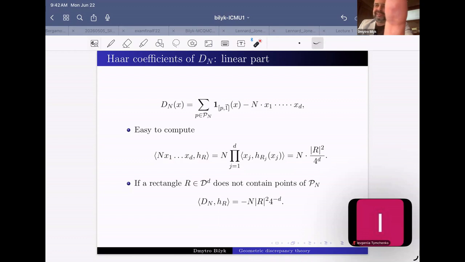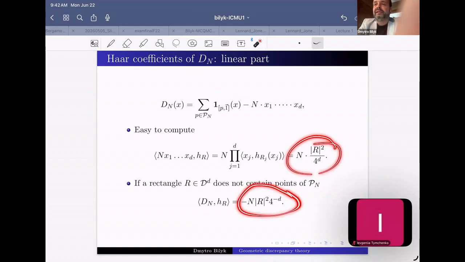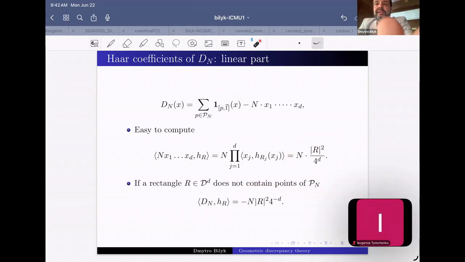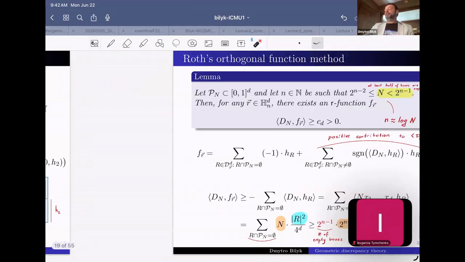You'll probably do it in the problem session. It's a super simple computation. Basically, that tells us that if a rectangle does not contain any point from our set of points, then this part does not contribute anything to the inner product, and only this part matters, and we've computed it. Let's skip the next slide.